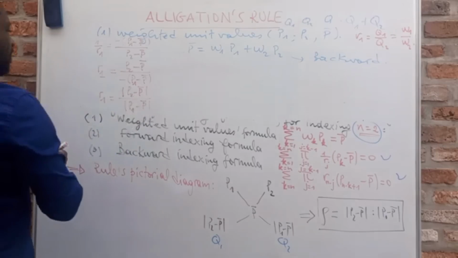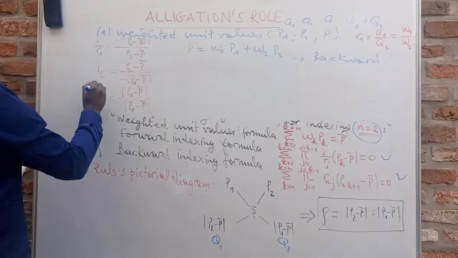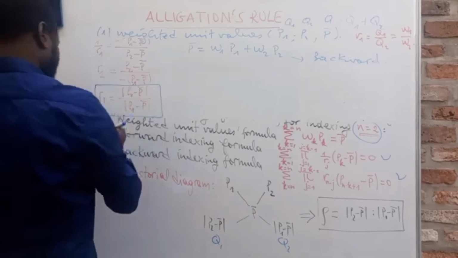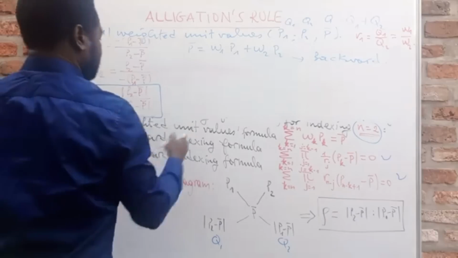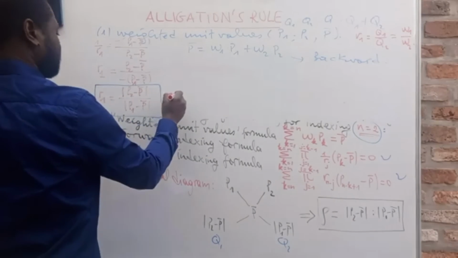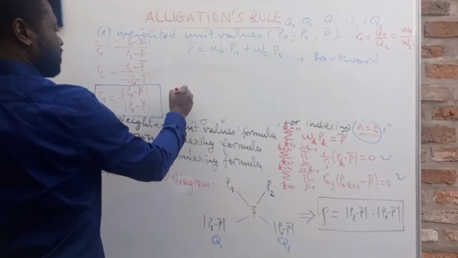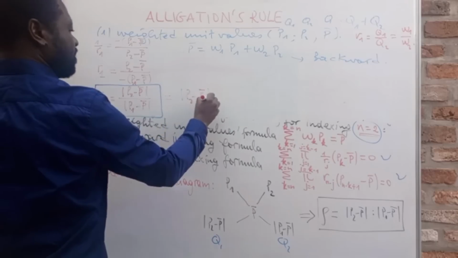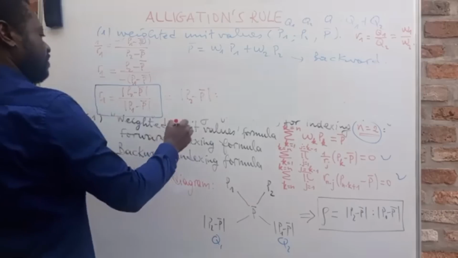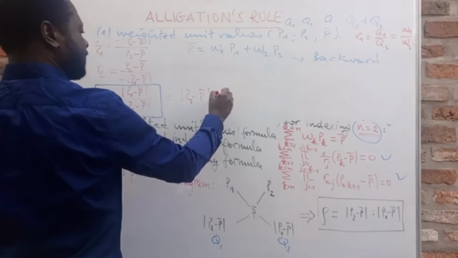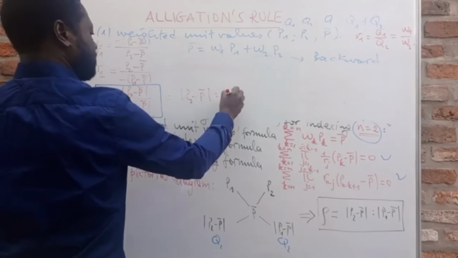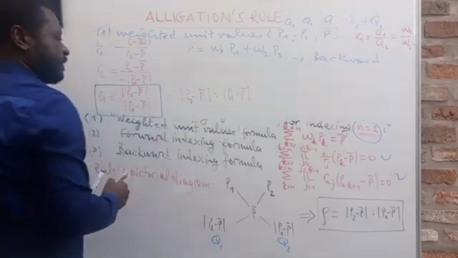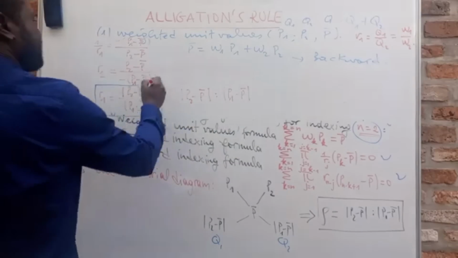So now this identity expressing the ratio can be written as absolute value p sub 2 minus p bar over absolute value p sub 1 minus p bar.